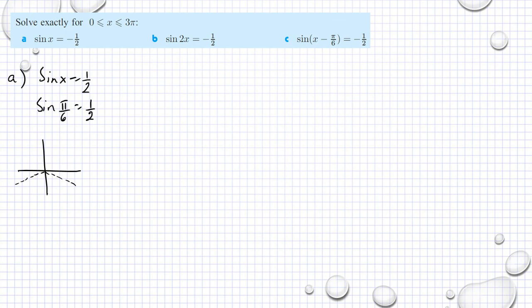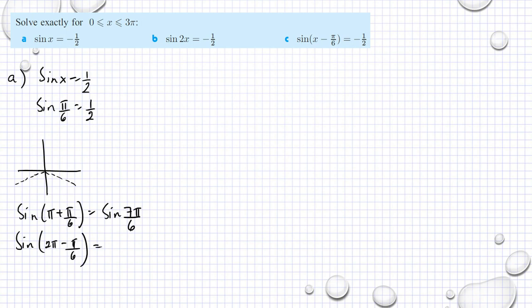So if we now have sine of pi plus pi divided by 6, then we have sine of 7 pi divided by 6. That is equal to negative 1/2. And on the fourth quadrant, we have sine of 2 pi minus pi divided by 6.